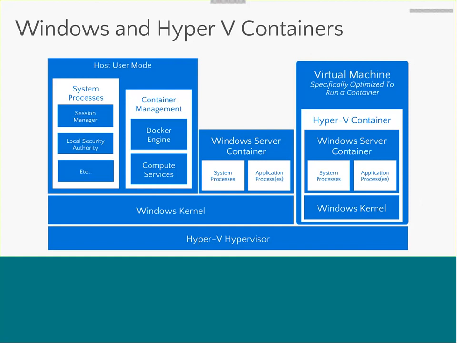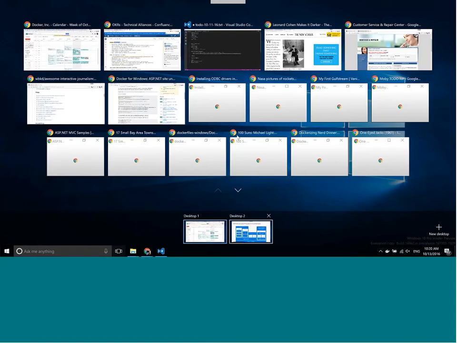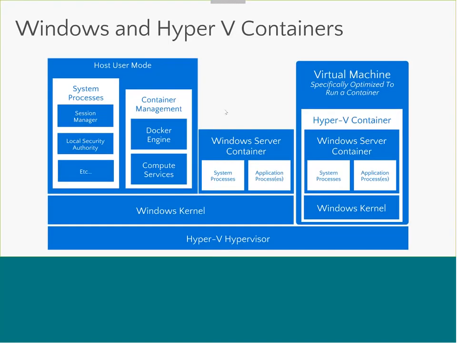This diagram goes into slightly more detail, comparing Windows Server containers and Hyper-V containers. So you can see on the left are the usual userland running on Windows. Then in the middle, there's a Windows Server container running.